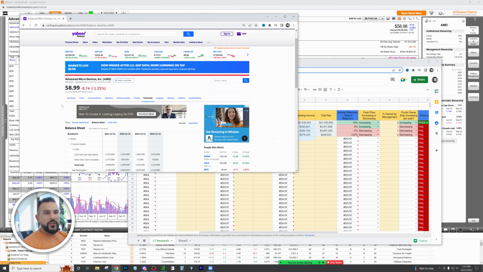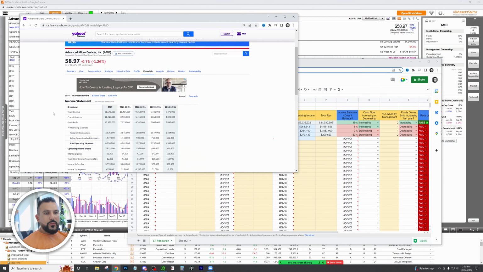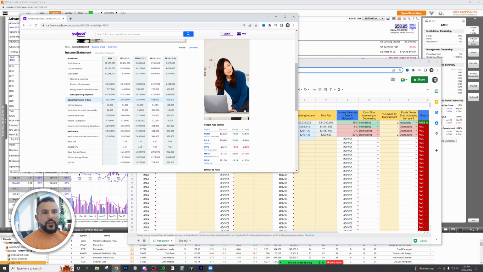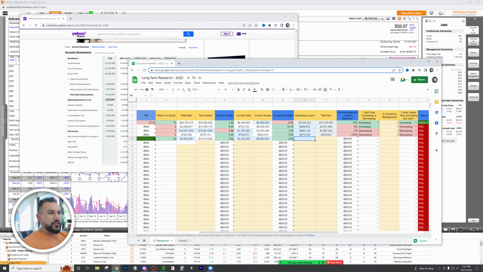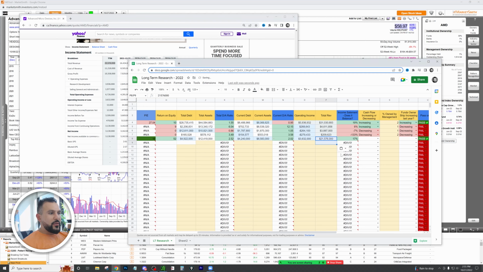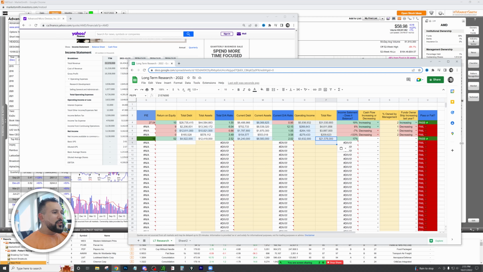In order to do that, we're going to go to income statement and total operating income right here, 3.6. All right, we're going to plug that in. And total revenue, bam, we're going to plug that in. Perfect, 17%. Yet another green figure already coming up with a pass on the Excel sheet here.